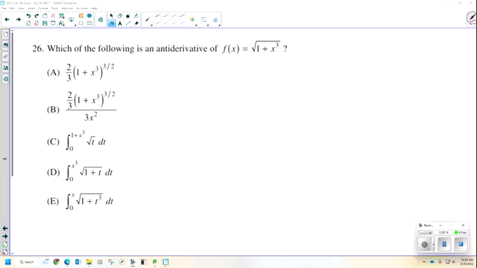26. If you understand your relationships between integrals and derivatives, how they apply to the original equation, this one's cake. Meaning, which of the following is the antiderivative of this? Okay, antiderivative is integration.